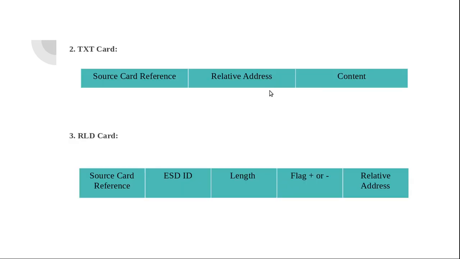Now the next card is the text card. The text card contains our translated source program, that is the object program. It contains 3 columns: the source card reference number, then each relative address, and what is the content at each relative address will be mentioned. So the text card contains our real object program. The relative address and the object program at each relative address are given in the content column.